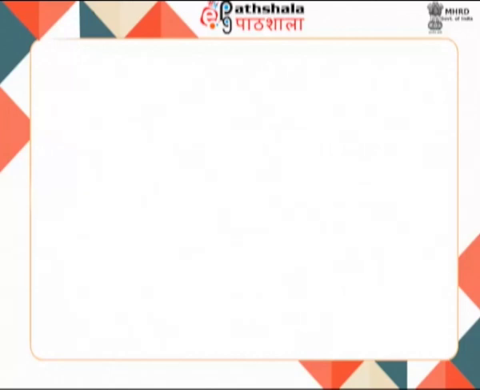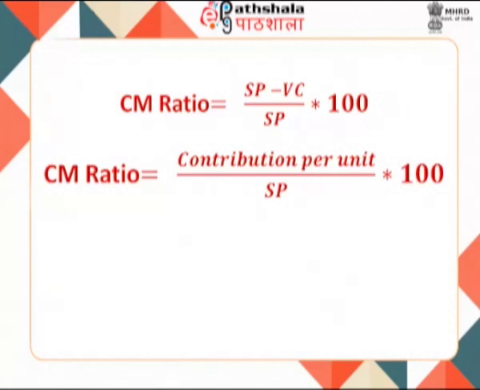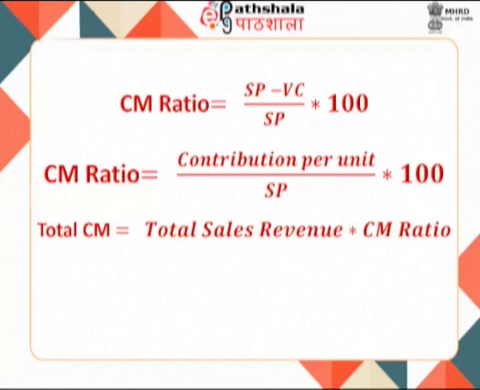Symbolically, contribution margin ratio, that is CM ratio, is equal to selling price minus variable cost whole divided by selling price multiplied by 100, or CM ratio is equal to contribution per unit divided by selling price per unit multiplied by 100, or total CM is equal to total sales revenue multiplied by CM ratio.